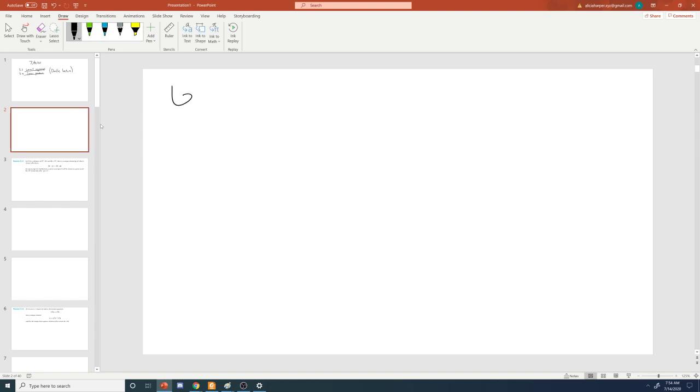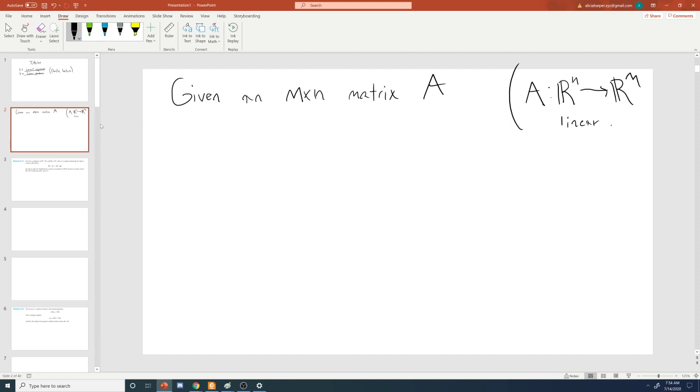Given an m by n matrix A, we can think of A as a linear transformation from Rn to Rm. I want to consider the following problem.